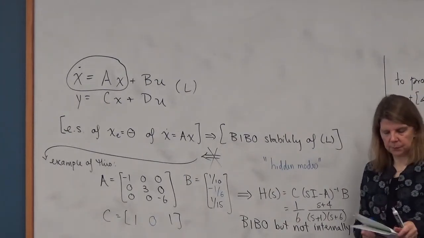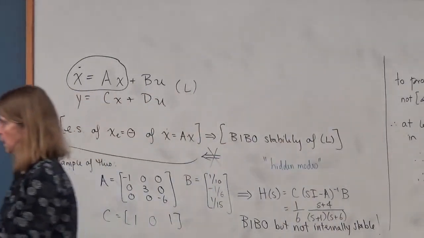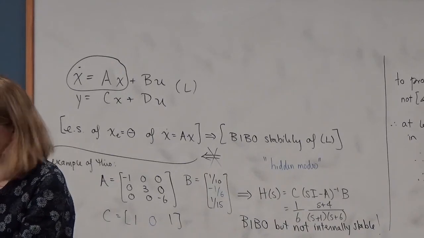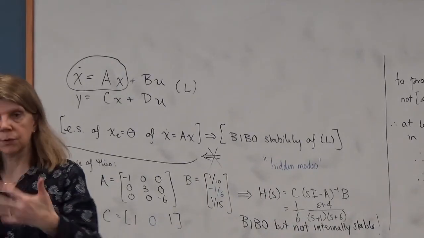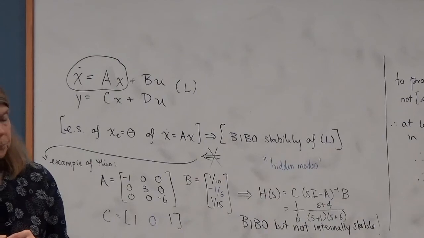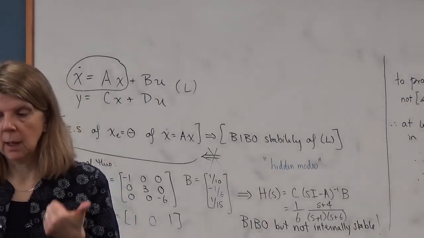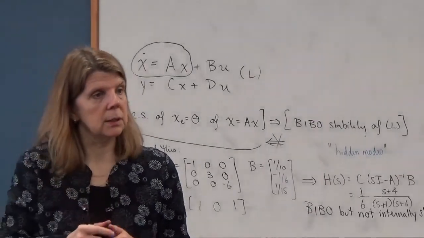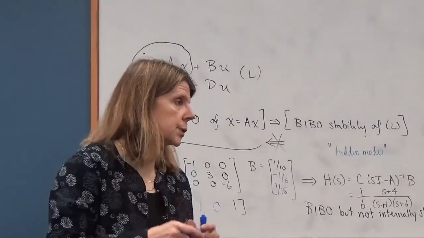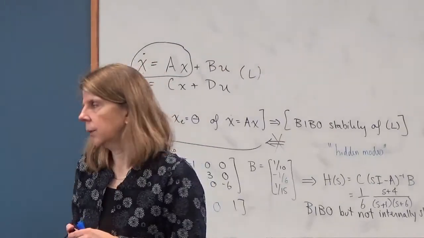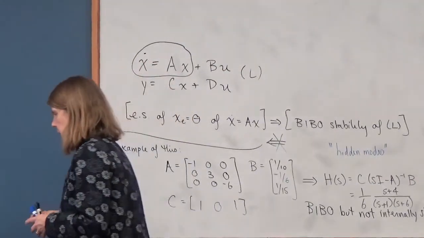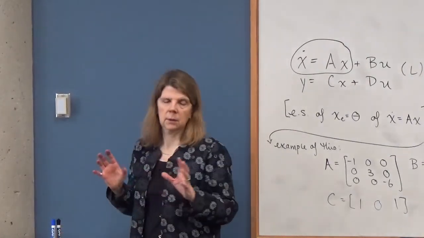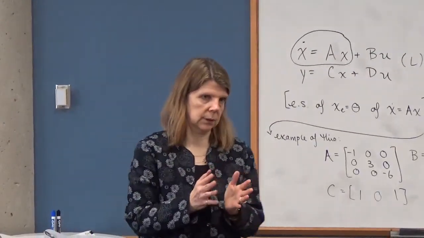Okay, so in summary, we've talked about bounded input, bounded output stability and internal stability. We defined equilibria, and we've developed a few tests for BIBO stability and, for the linear time invariant case, for internal stability. Then we studied a little bit the relationship between the two through some examples. Next week we'll spend a little more time on stability, talking about the concept of Lyapunov stability for linear systems.